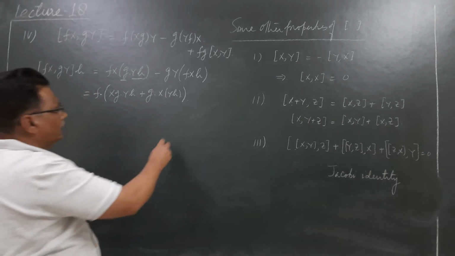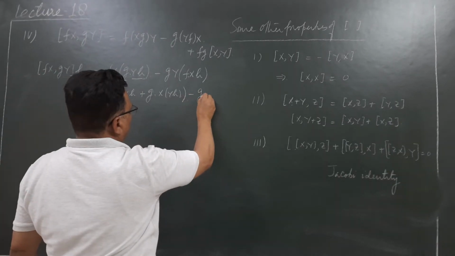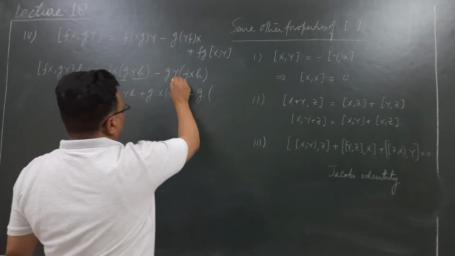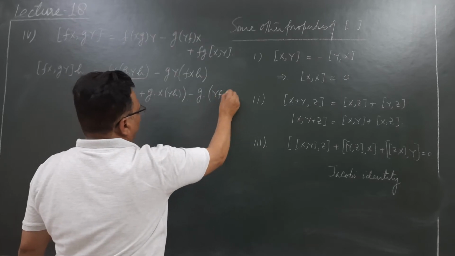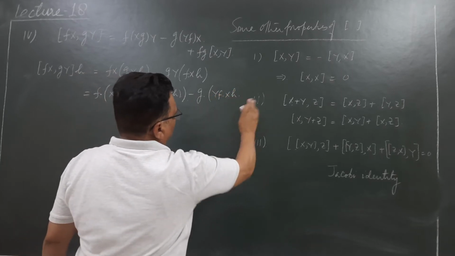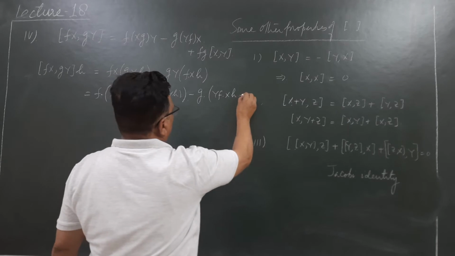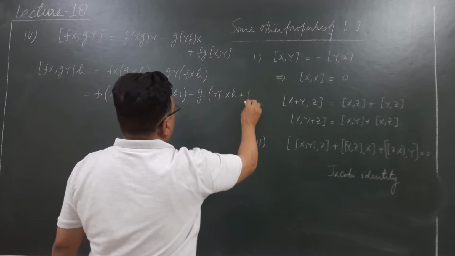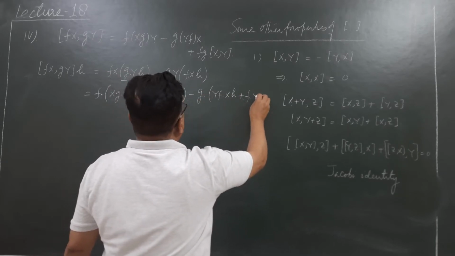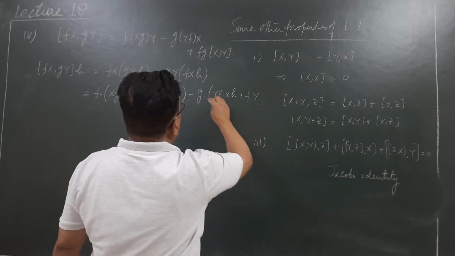Same thing over here, you keep g outside and y operating on f into xh, and then plus f as it is, y operating on xh.